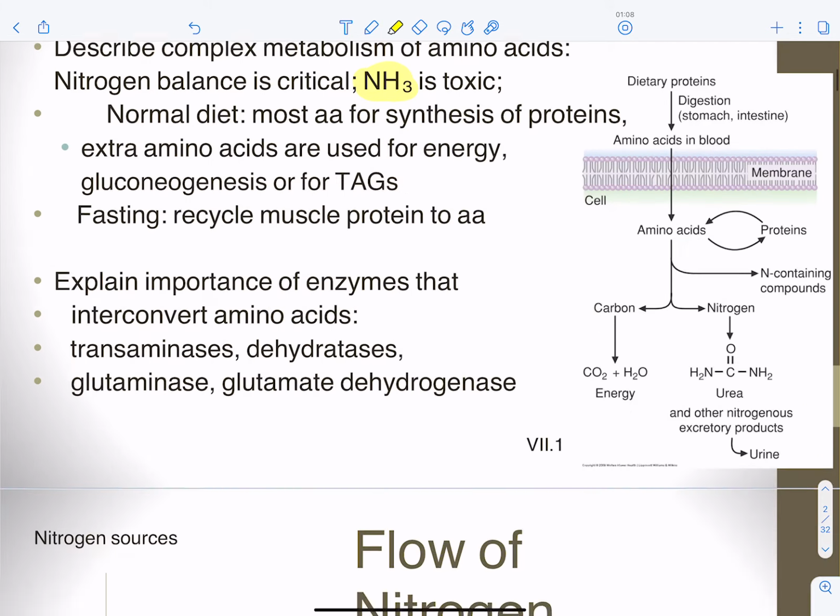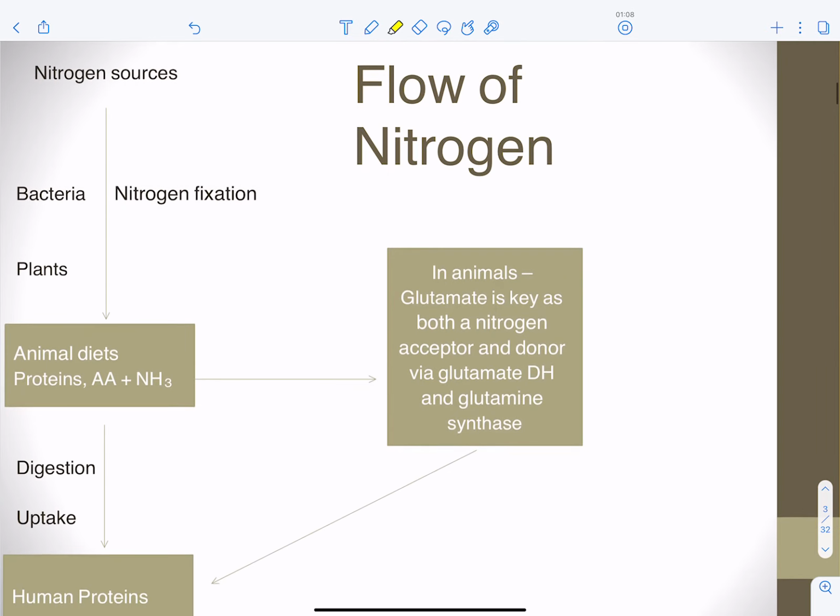So your flow of nitrogen, just in general, you have sources of nitrogen, and those sources are going to be external. So you have your bacteria, and bacteria have the ability to fix nitrogen. Plants are going to have nitrogen.